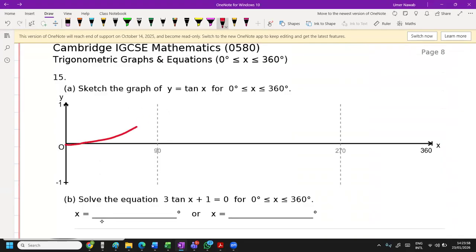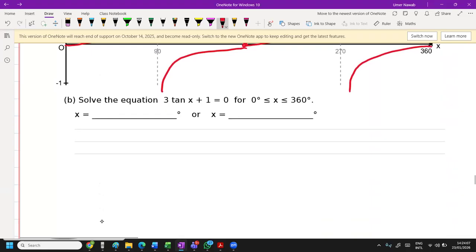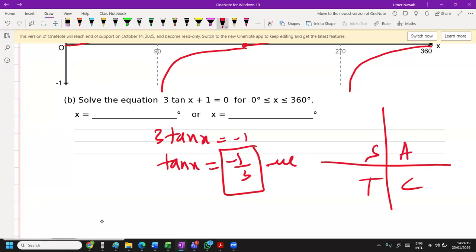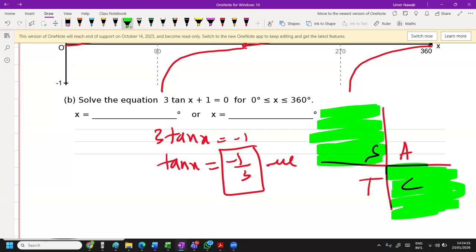Tan graph goes up, 180 like this and like this. 3 tan of x is equal to negative 1. Tan of x is equal to negative 1 over 3. This is negative. Tan is negative as per ASTC diagram. It is negative here in the second quadrant. It is negative in the fourth quadrant.